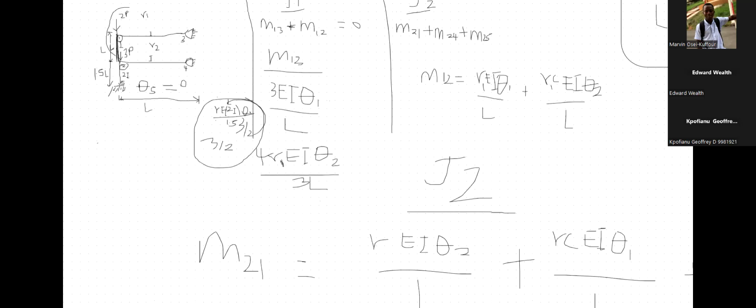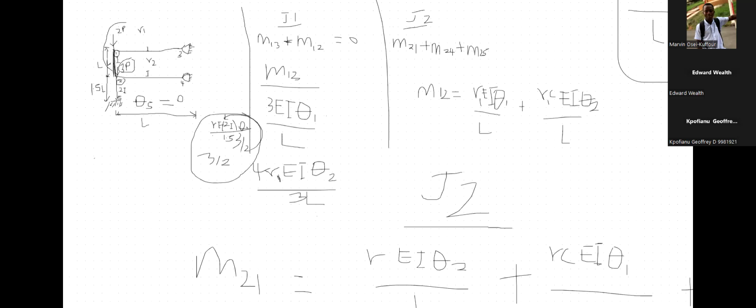And when you come to junction 2, all the arrows at junction 2 will be due to 3P. So we represent that one by R2. But it's only the ones along the load 3P.